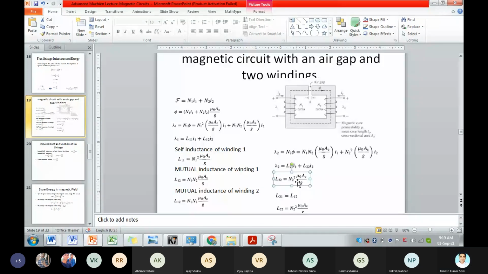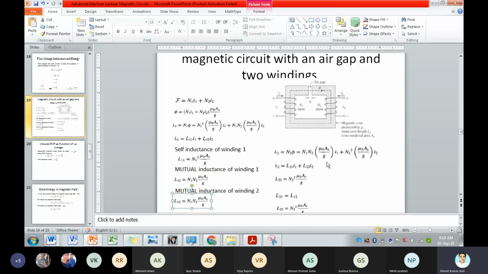However, you can see that the mutual inductance is the same in both cases. L12 equals N1 N2 mu 0 AC upon G, and the same, you can see that L21 is N1 N2 mu 0 AC upon G.